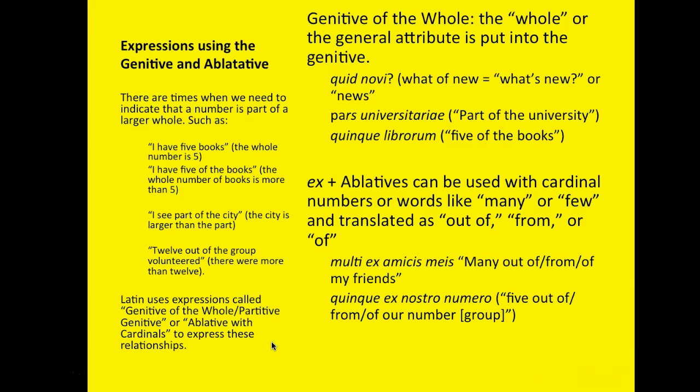In any case, both the genitive of the whole, or a partitive genitive, or an ablative with ex can be used to delineate subsets of larger sets of numbers. It's all kind of obvious, but only when you know what you're looking for. So now you know.